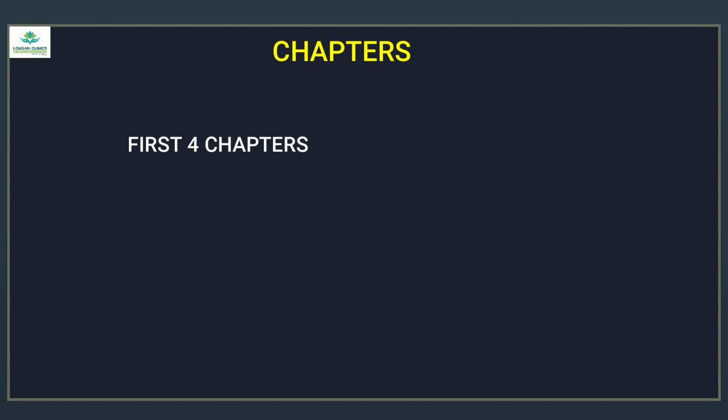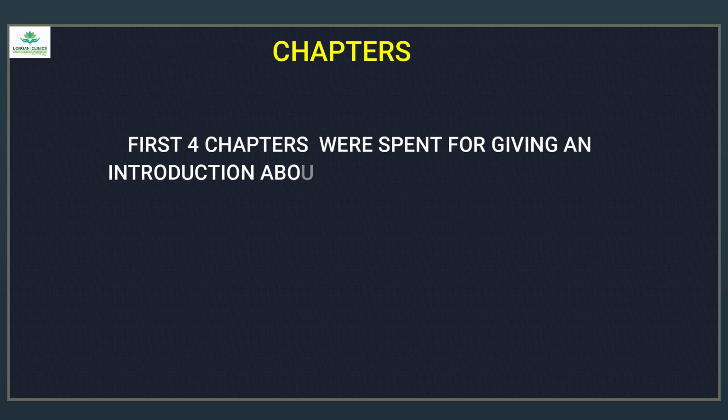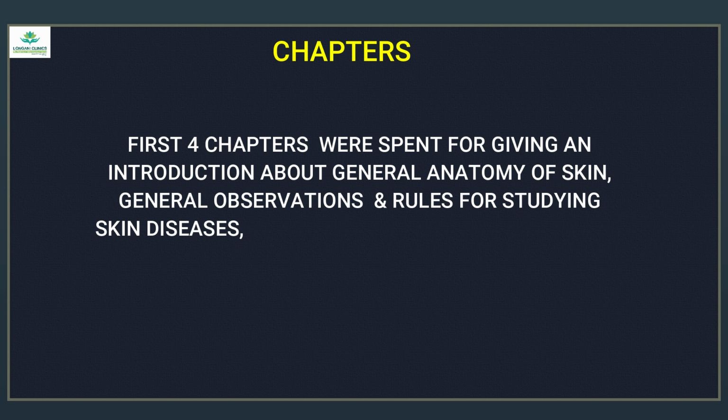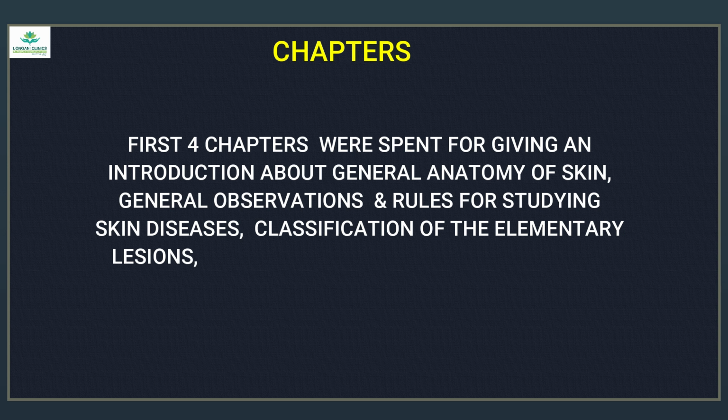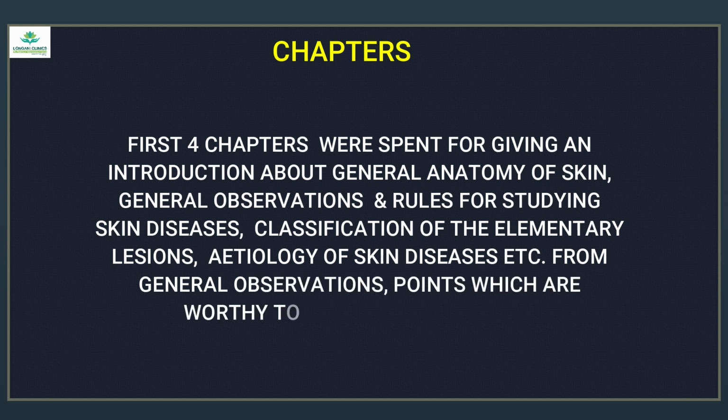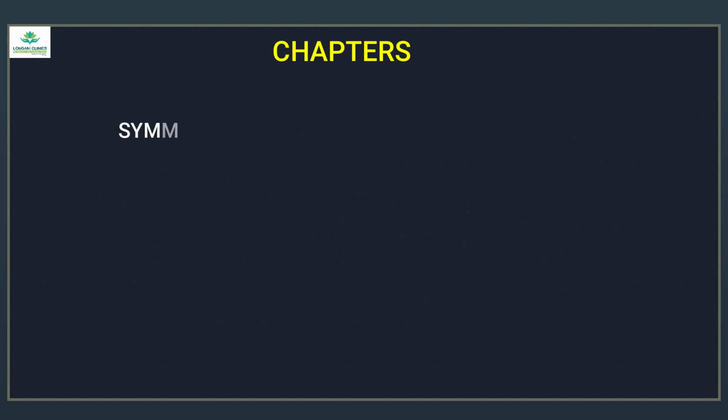Now we will see the chapters. The first 4 chapters were spent giving an introduction about the general anatomy of the skin, general observations and rules for studying skin diseases, classification of the elementary lesions, etiology of skin diseases, etc. From general observations, points which are worthy to note are as follows.